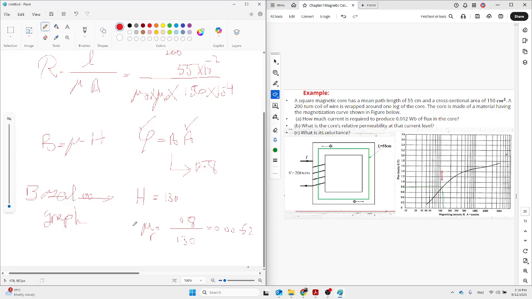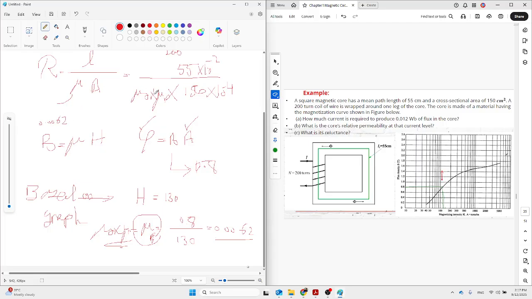I think the whole mu, which is mu 0 times mu r. This one is the total mu, so we can replace it here, times 150 e minus 4 over 55 e minus 2. This value, 0.0062, is considered the whole.